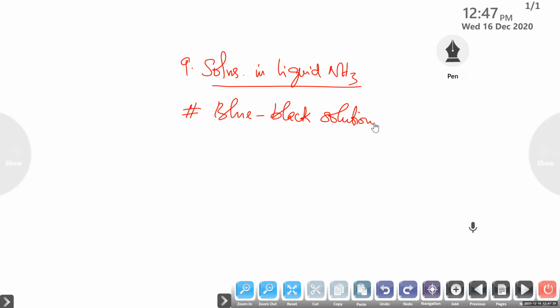Okay, so a blue-black solution is formed. And you know how it is produced? How is the blue-black color produced? The thing is this. There is the metal, and it reacts with the ammonia. What happens?